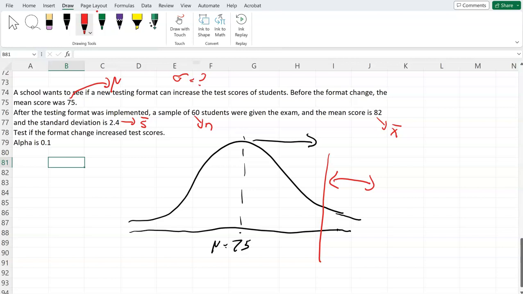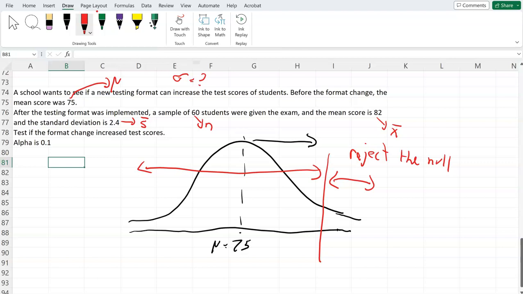So then my null would be that the population mean is in this region. And once I cross the threshold, this is where I should reject the null. So this is my one tail test. This is going to be a right tail test or an upper tail test. Some books write it as right tail, some books write it as upper tail.